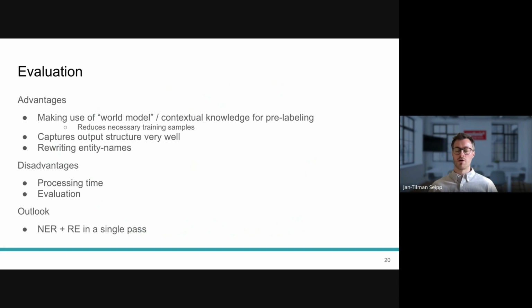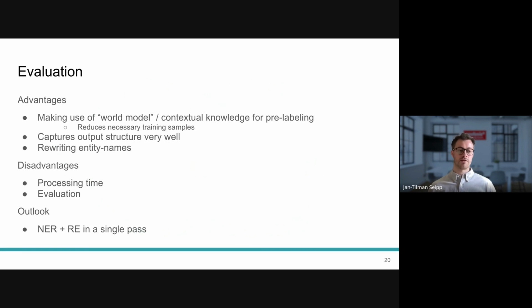With only 200 labeled documents, we already get quite good results. The models quickly learn to capture the output structure. When we fine-tune it, we don't even need the guided generation or the templating after one training loop. And we also see the capabilities of rewriting entity names or coming up with names, for example, in patents.